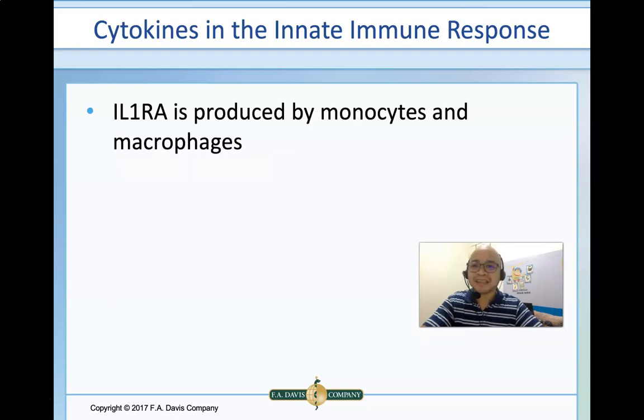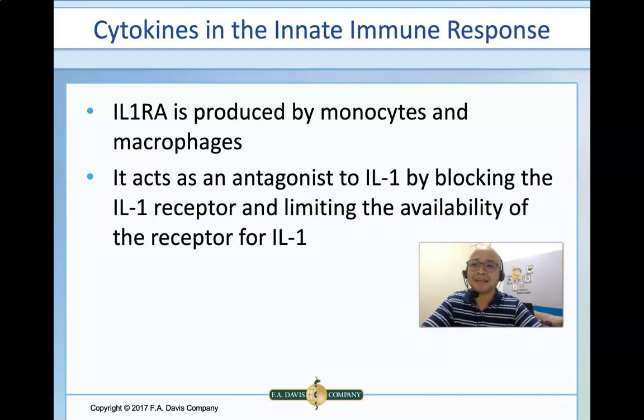Interleukin 1 RA, or the receptor antagonist, is produced by monocytes and macrophages. RA means receptor antagonist because it acts as an antagonist to interleukin 1 itself. How? By blocking the receptor of interleukin 1.